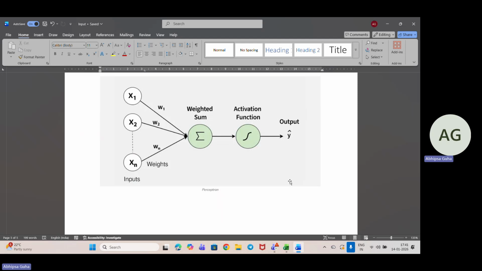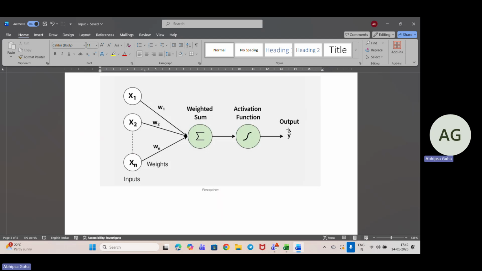We go for input. Then we have the weight. Then we go for the summation, the weighted sum. And then we go for the activation function and finally the output. The inputs are coming, then we go for the weights, that is the importance, which inputs are more important. Based on that, I am assigning a specific weight. Then I am multiplying and adding accordingly.